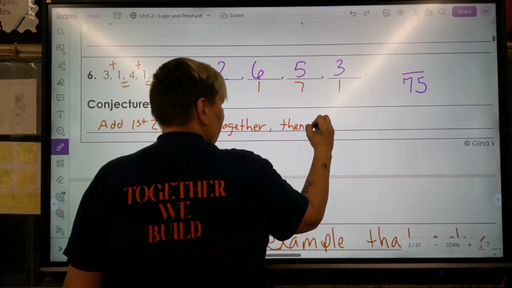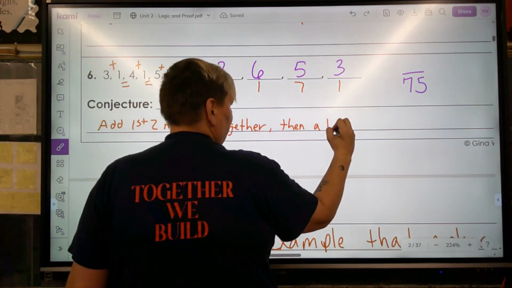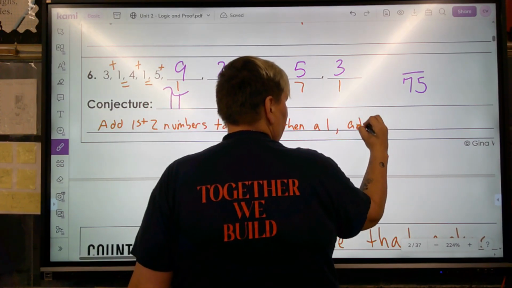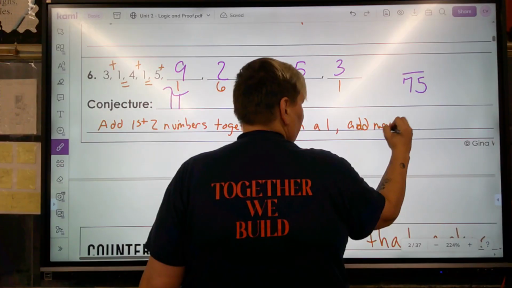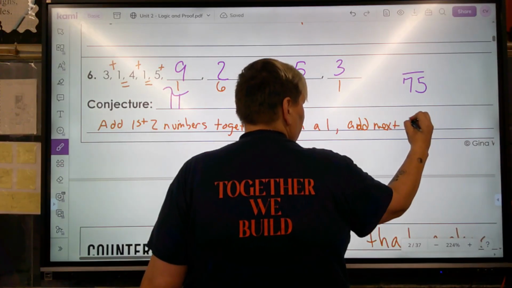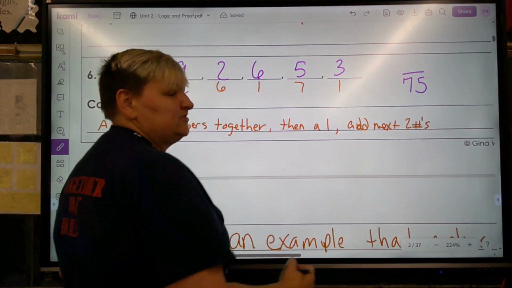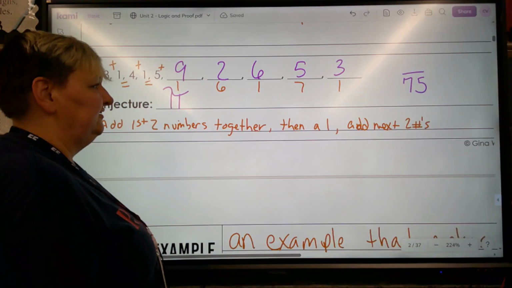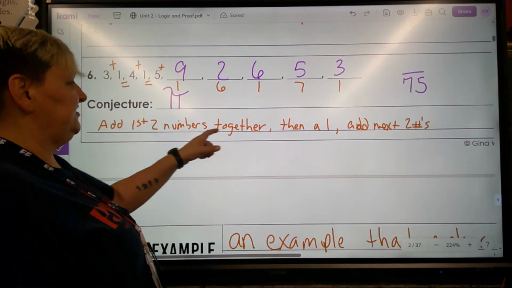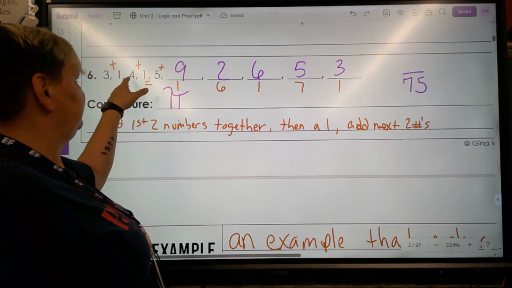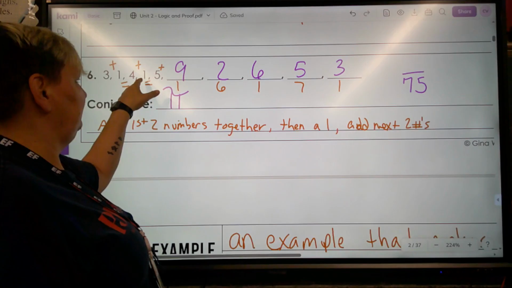Then a 1. Add next two numbers together. You see how it's getting complicated? If it's hard to explain, the pattern's too complicated. Add first two numbers together. Write the total. Add a 1.